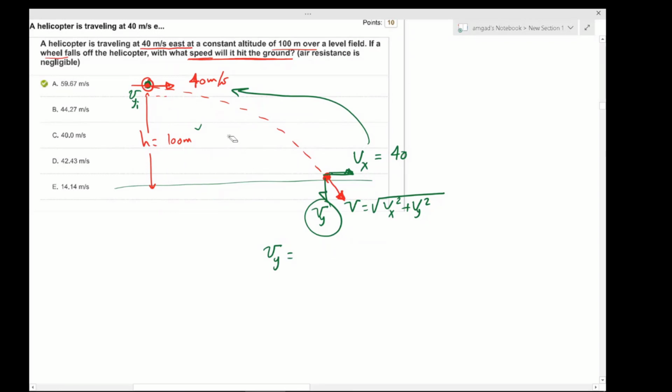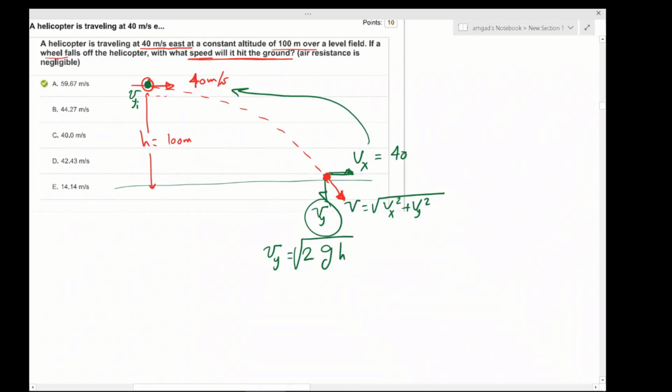So Vy, actually, we can get from the equation Vy squared equals Vy initial squared plus 2 times G times H. Of course, Vy initial squared is 0. So Vy squared is 2 times G times H, or Vy only is the root of 2GH.